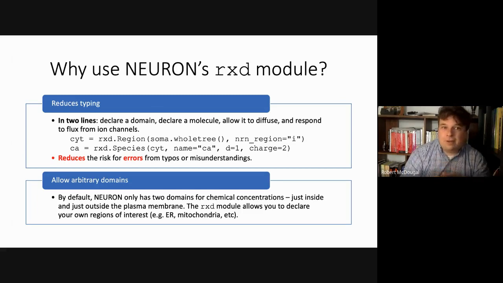In any case, what's in the rxd module, and why do we care about this? Well, the important thing for us is that it gives us the ability to declare new regions, right? So I could have a region that is the cytosol, rxd.Region, soma.wholetree. So that's everything that's attached to the soma. I can map this to the inner region, which is a little bit funny, but you remember that yesterday we talked about nai versus nao.